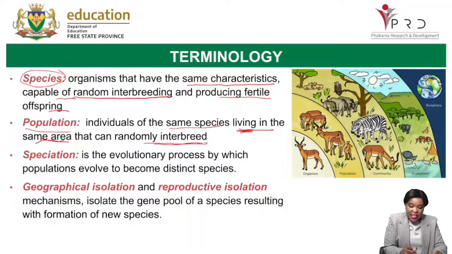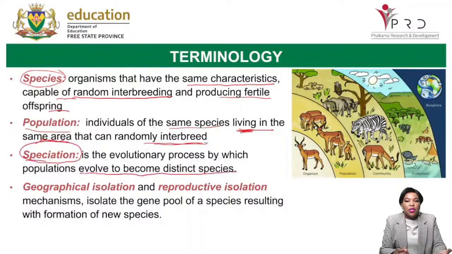Then speciation is a new term that you came across in grade 12. This is the evolutionary process by which populations evolve to become distinct species. Or you can say it's the formation of new species. That is speciation.